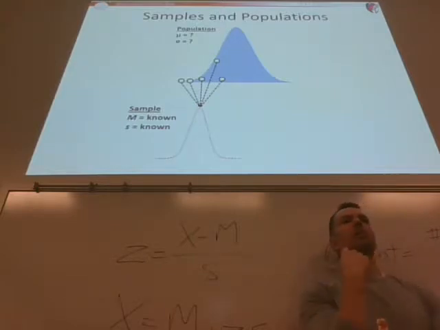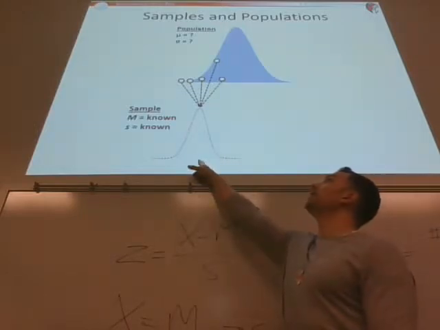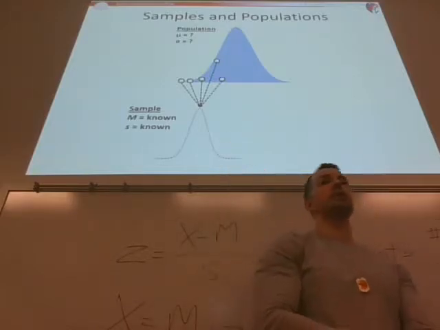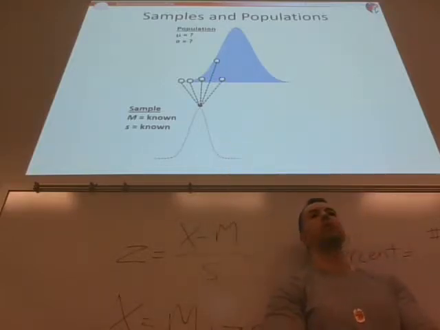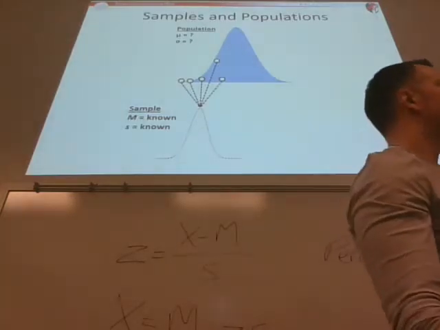In this case, we are vastly underestimating the mean of the population. The mean of the sample is right here. The mean of the population is right about there. So in this case, we just happened to choose 5 people that had low scores in this population, and those 5 people gave us an incorrect view, an incorrect estimate of the mean of that population.